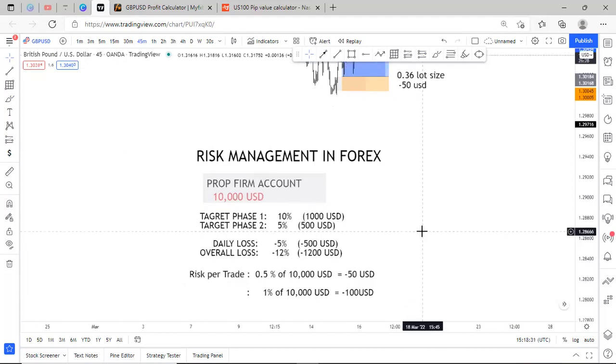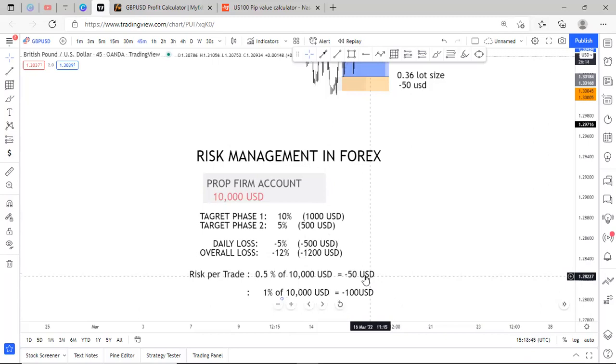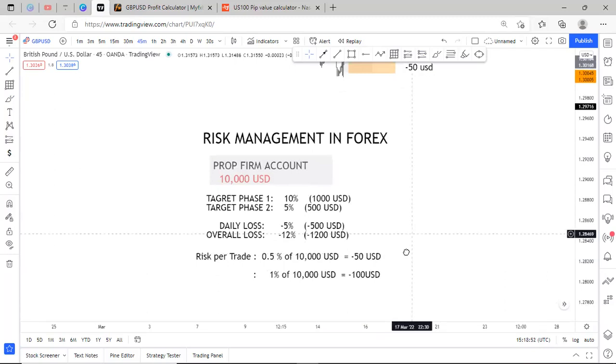So that's all on risk management in Forex. And if you have a 100,000 account, it's the same thing. By the time you reach 0.5% of 100,000, you'll be losing $500 per trade. So it's that simple.